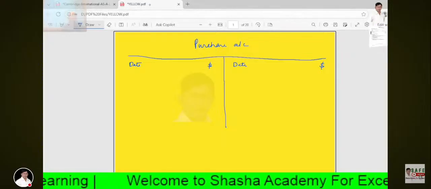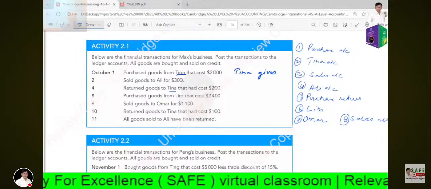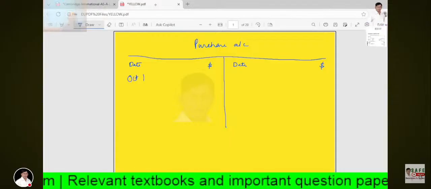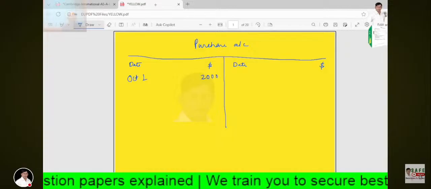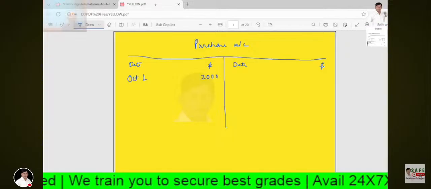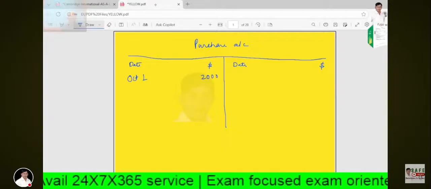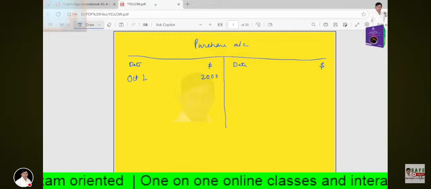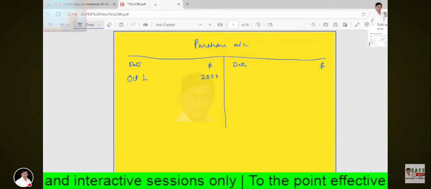What is the worth of goods you have purchased? On October 1st, 2,000. So the purchases account is debited with 2,000. A lot of students get confused here.